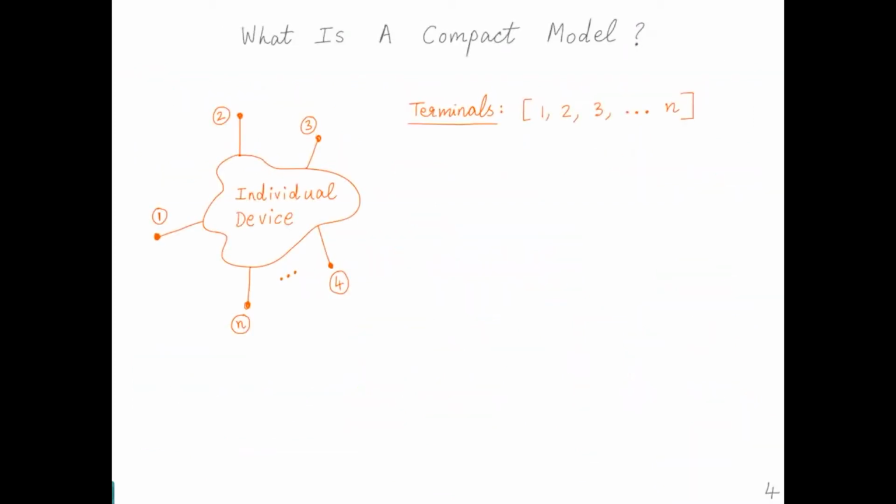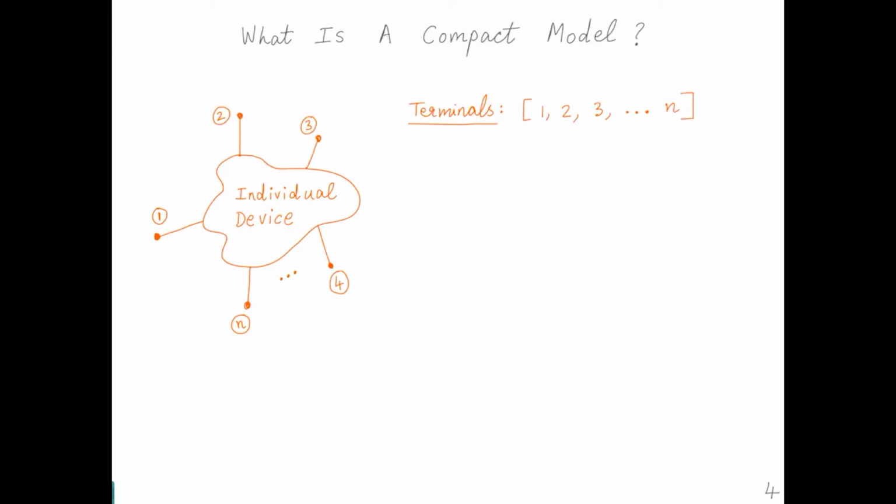Okay, so the circuit simulator needs to know how each individual device behaves. So what does an individual device look like? Well, electrically speaking, if you take a device that's a transistor or a diode or something like that, it's got a bunch of terminals sticking out.